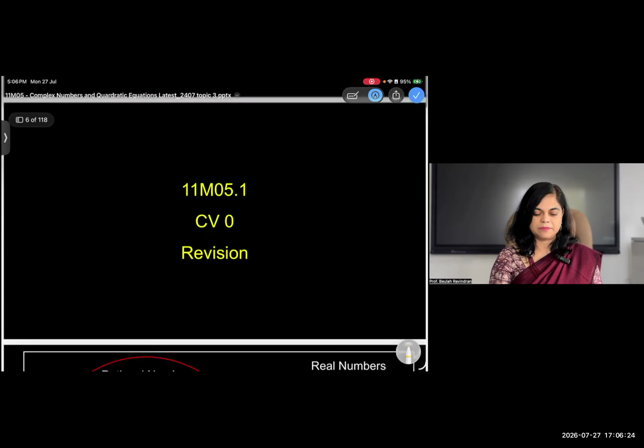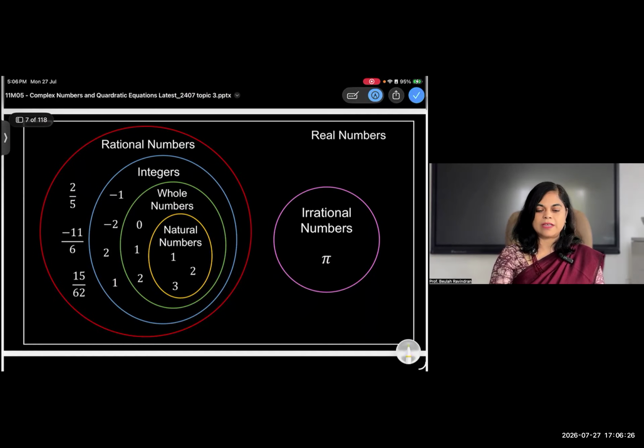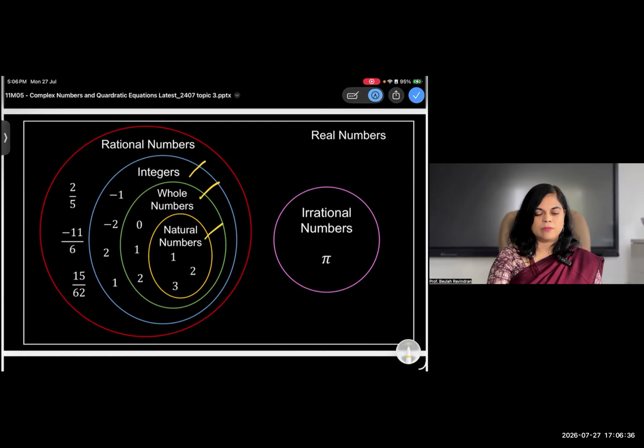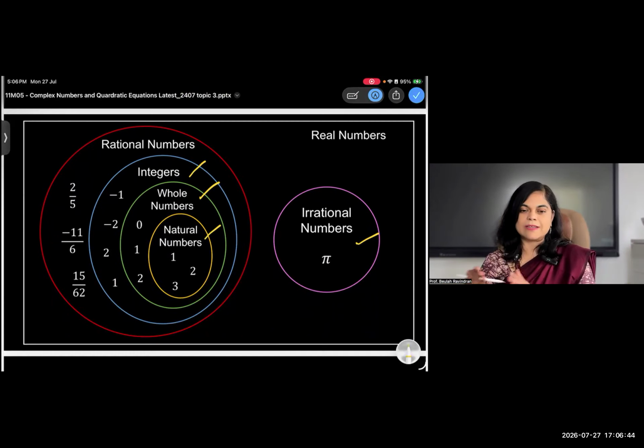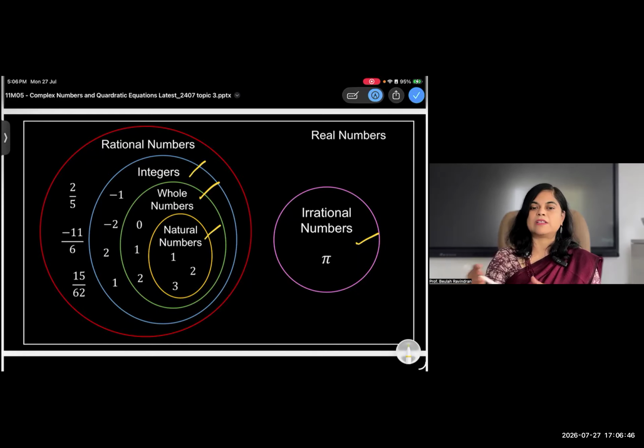Then we'll know what are rational numbers. Natural numbers are rational; the total rational numbers consist of integers, whole numbers and natural numbers. Irrational numbers also come under the real numbers. In addition to this, there is an imaginary number.